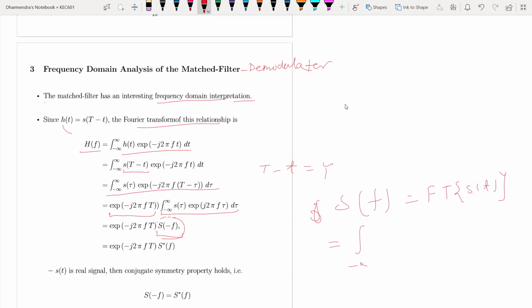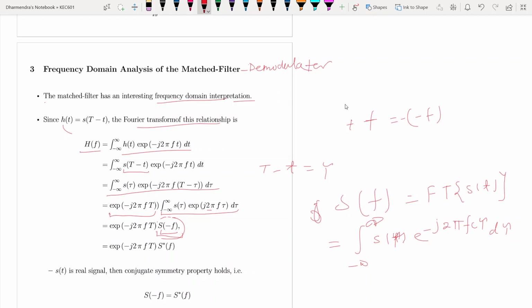As you know, this will be in integral form: S of t times e to the minus j 2 pi f c t, at tau, whatever you want. There is no issue. Because here the sign is positive, this plus f frequency can be treated as minus of minus f, so it is equivalent to S of minus f.